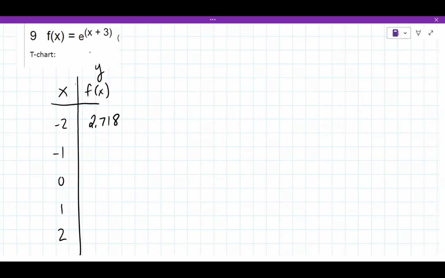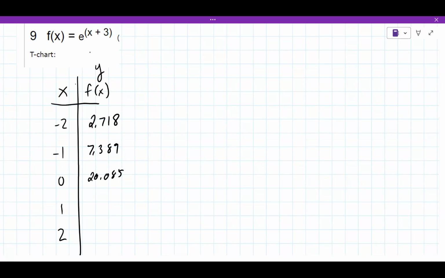For -1, it's going to be 7.389. Okay, keep going. For 0, it's going to be 20.085.